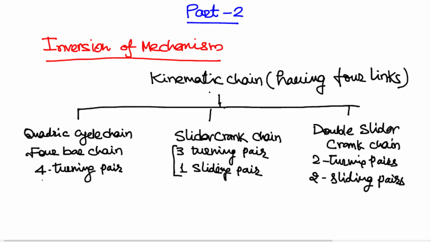In four-bar chain there are four turning pairs. In slider crank chain, three turning pairs and one sliding pair. In double slider crank chain there are two turning pairs and two sliding pairs.